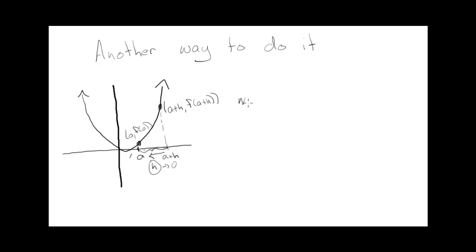So m would equal the limit as h goes to 0 of y2, which would be f at A plus h, minus y1, which would be f at A, over x2, which would be A plus h, minus x1, which is A. And then notice the A's cancel out.